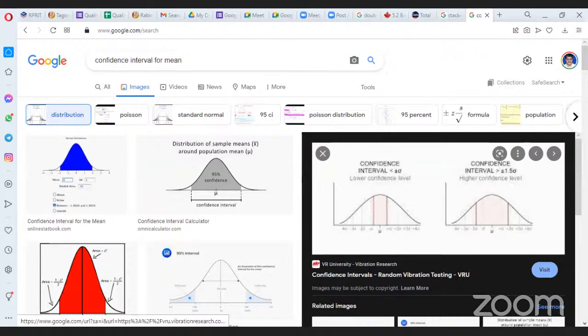Now I am coming to the one sample t-test. What is one sample? One sample does not mean single case. Please write down.